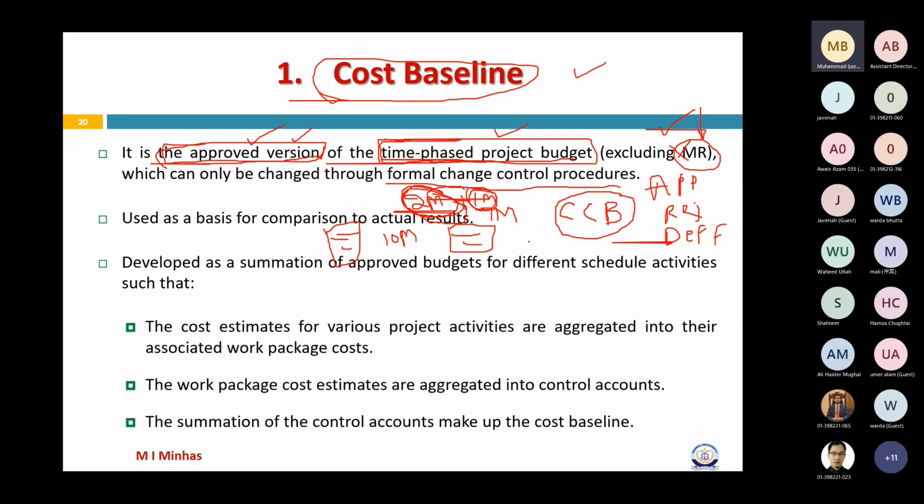Let's say our contract was made in December, so it is very obvious that it is beyond the control of the project manager. The prices have gone very high, and because of that we require something extra, over and above this management reserve. This management reserve was never in the control of the project manager. It was management who decided that they'll keep this 1 million as a management reserve. Now, if management wants to decide that we'll keep 2 million as a management reserve, it's up to them.